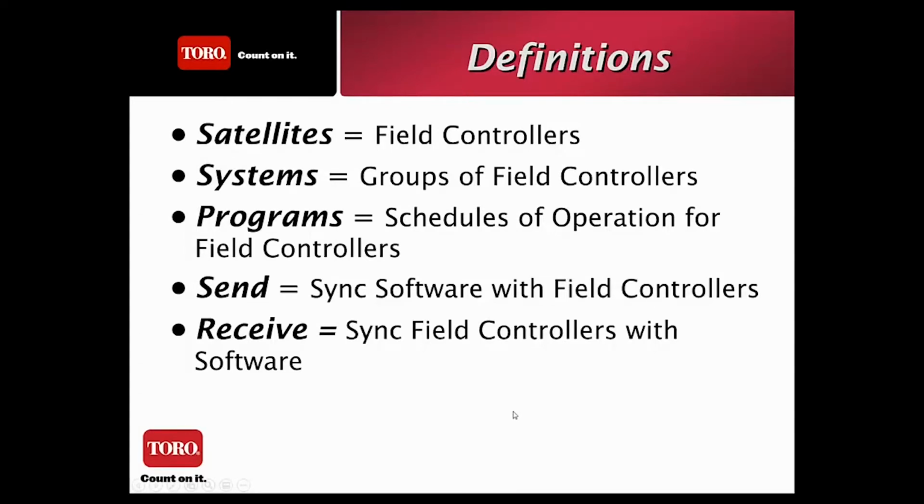So if you downloaded programs to your Sentinel controllers, and they have everything they need to know about running, whatever days of the week, the run times, the start times, you can turn your computer off. The controller is going to perform all of those functions. It is not dependent on the software telling it what to do.